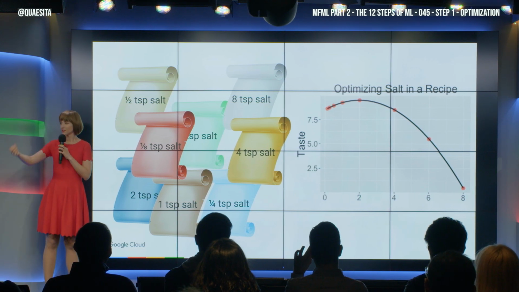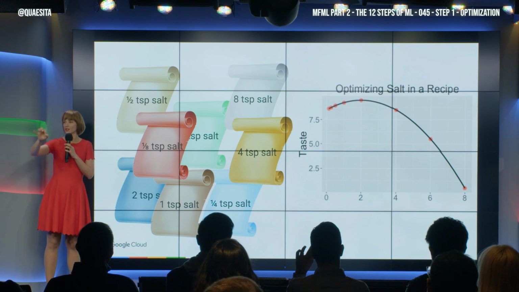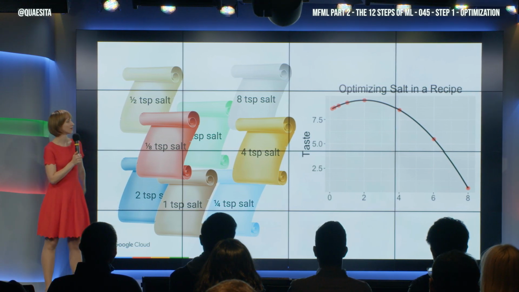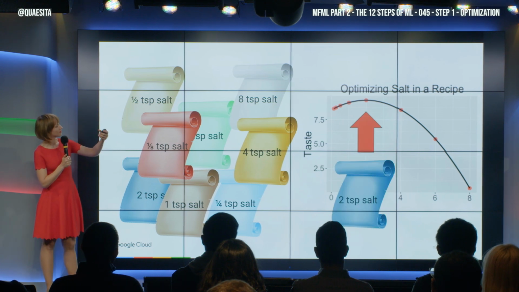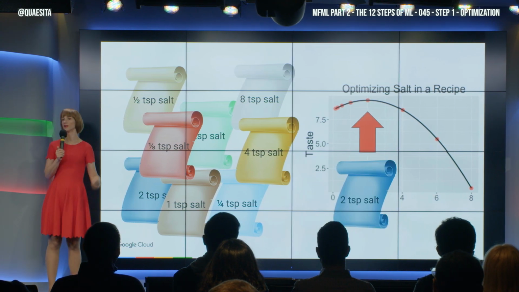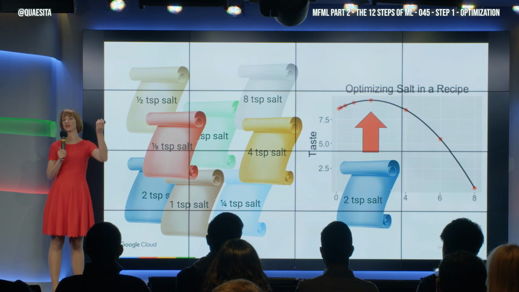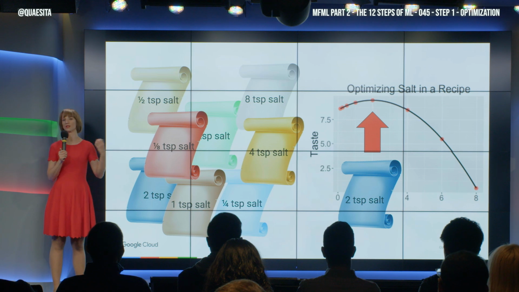And so we would figure out what is the relationship between these potential values and the taste. And instead of having to individually try every combination in order, we would have an optimization algorithm tell us, boop, go for 2 teaspoons of salt because that is where you get your best value for the taste.